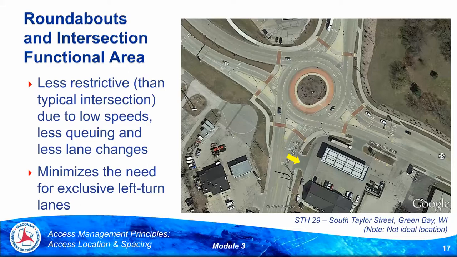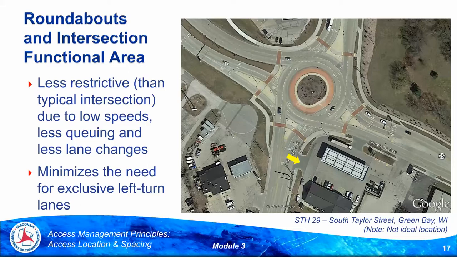Shawano Avenue is a state trunk highway on our state trunk network. This project was part of the I-41 improvements within the city of Green Bay and village of Howard. The approach speeds along the legs vary from 30 to 40 miles an hour, and the driveway shown by the yellow area is about 75 feet from the roundabout itself.